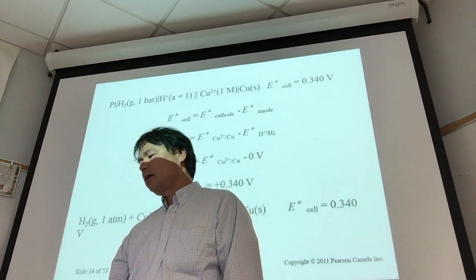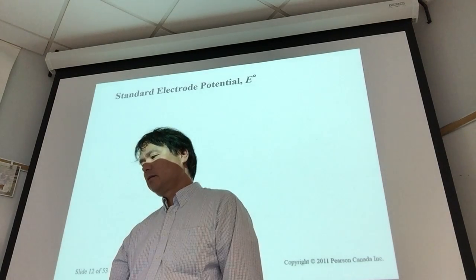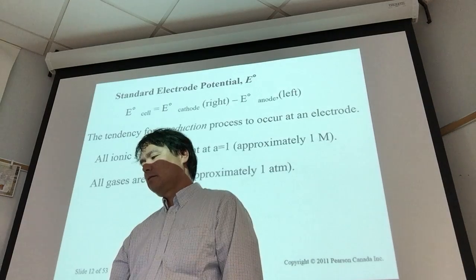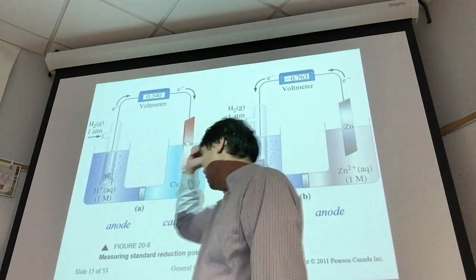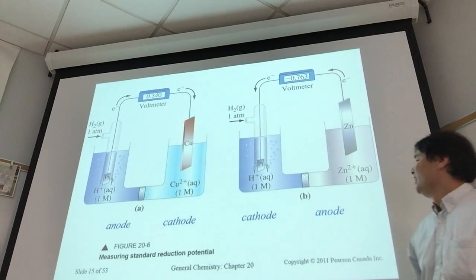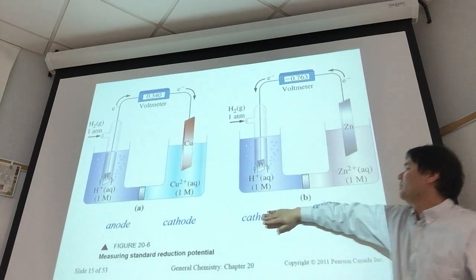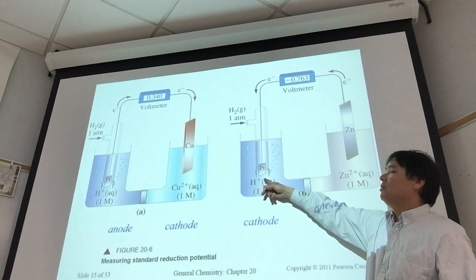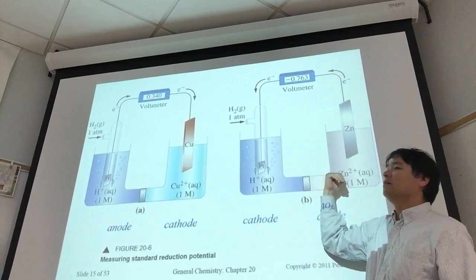Here, let me show you a negative voltage. Here we got a negative voltage because normally we write the anode on the left and the cathode on the right.